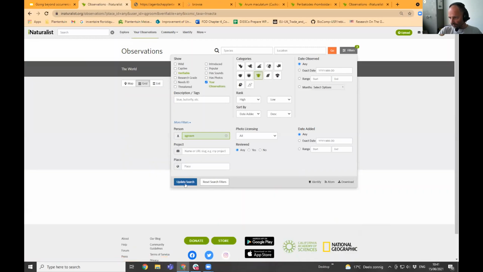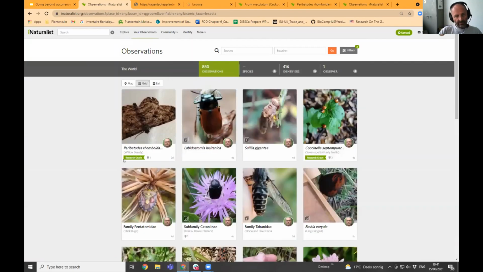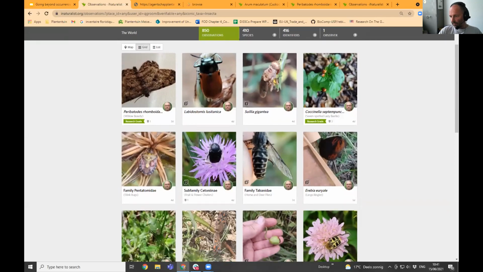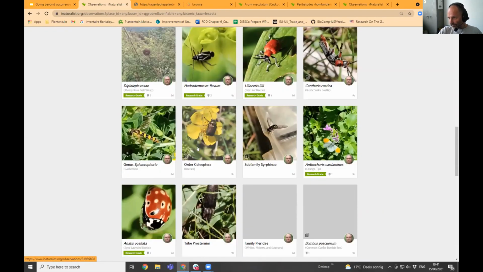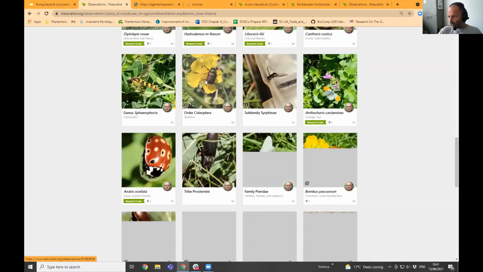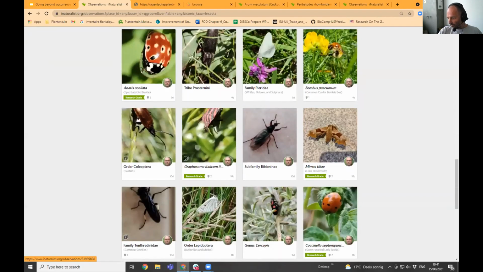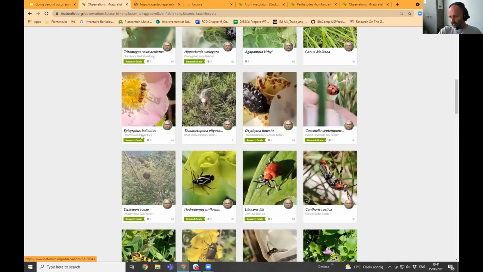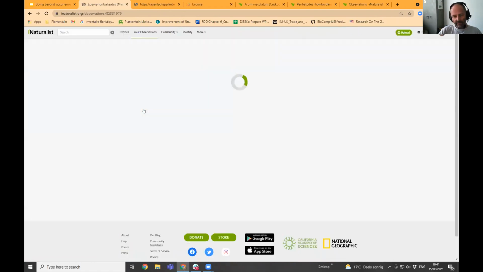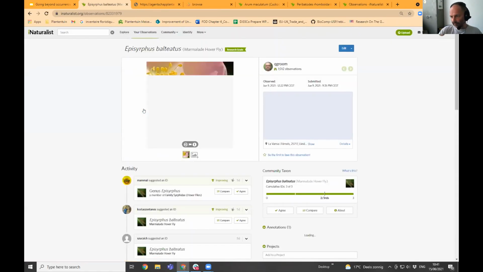I should be able to find something sitting on a flower. There's a beetle sitting on a flower, but I don't recognize the flower. What's most identifiable? Yes, there we go. There's a marmalade hoverfly sitting on some sort of wild rose.